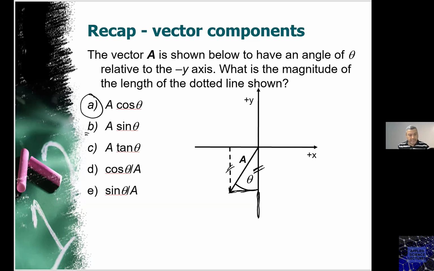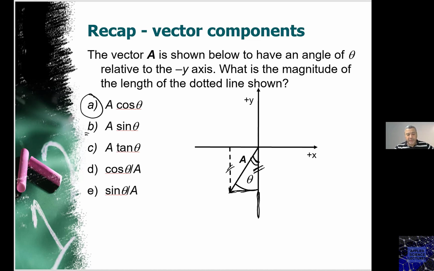Wait, could you re-explain why it's A again, please? Remember what did we say about how to calculate the adjacent? If you have a length in this right triangle, and theta is between the hypotenuse and this length, then this length is the hypotenuse times the cosine theta.